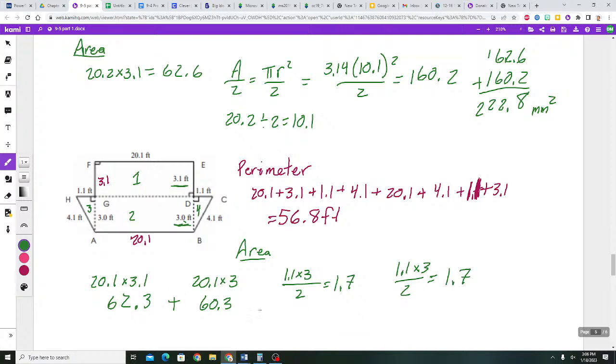Then we add 62.3 plus 60.3 plus 1.7 plus 1.7. This is going to work out to be a nice number because of the 3's and the 7's. Plus 3 plus 1.7 plus 1.7. And I get 126 feet squared.